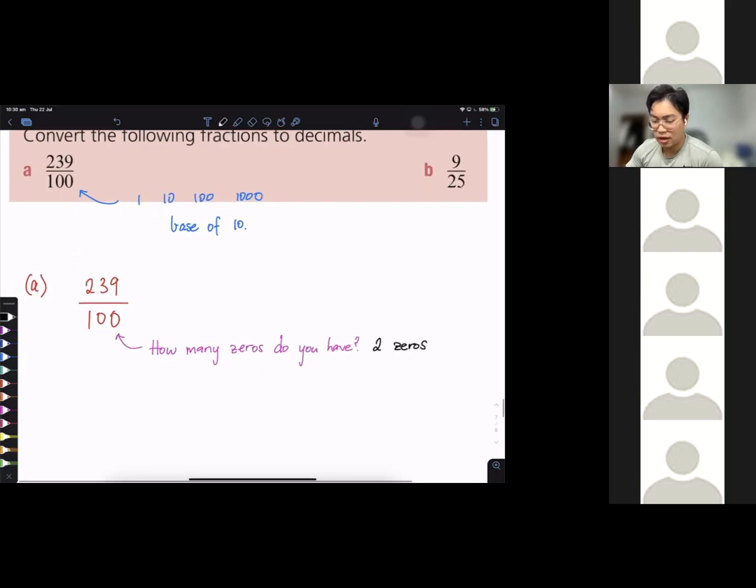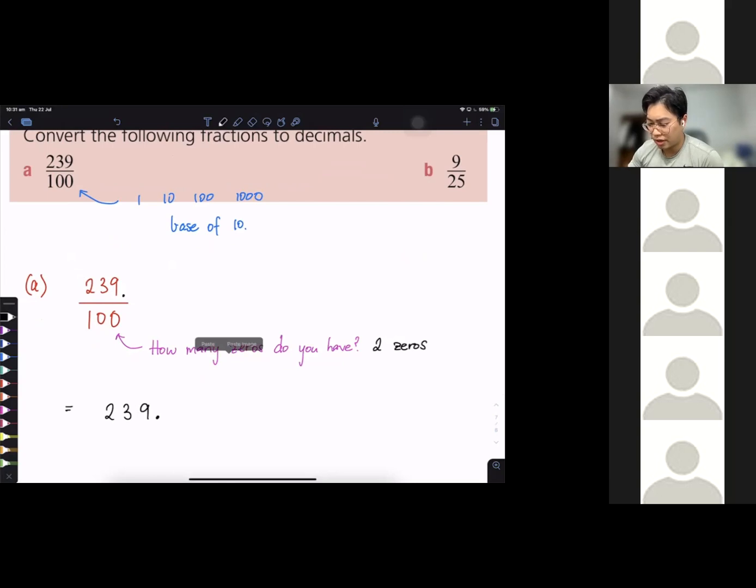So what this means is that we should take our number in the numerator. Right now that number is 239, and then the decimal point is at the very end, okay?